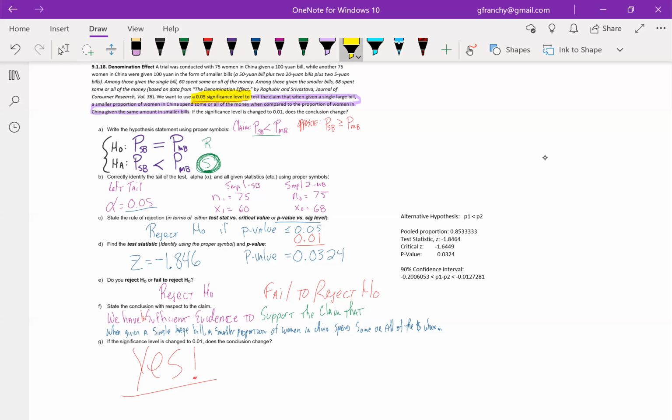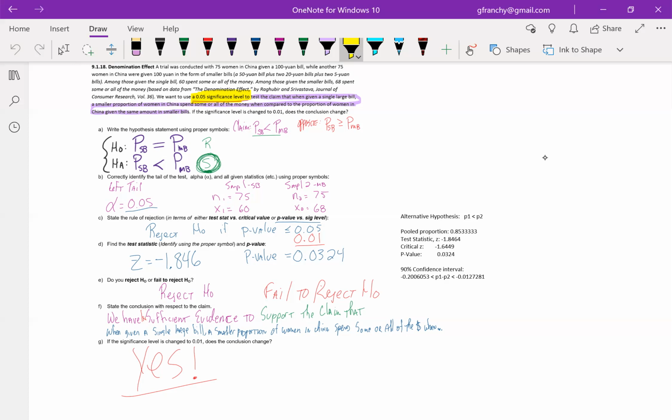There is actually a second school of thought that says, don't worry about the significance level. Go ahead, run your test, get your p-value, and then report the level at which your results are significant.